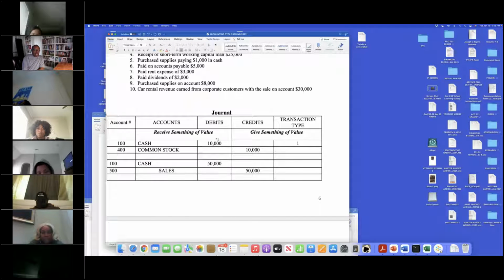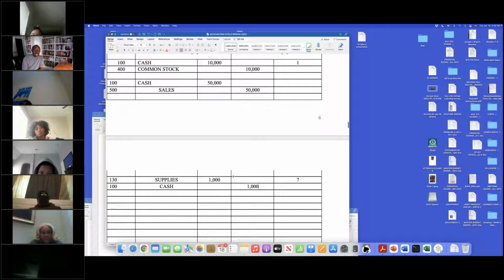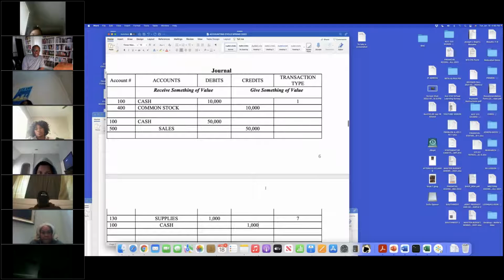In the second transaction, they got cash, they made sales, so they gave up some inventory or product and they got sales. In this third transaction, we're getting supplies, but we're giving up cash. So we received something of value, supplies. That's the debit. We gave up something, cash.